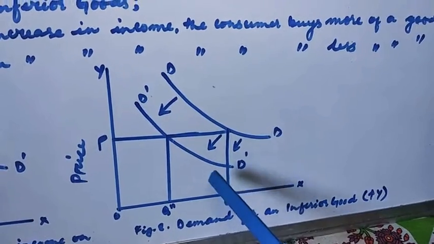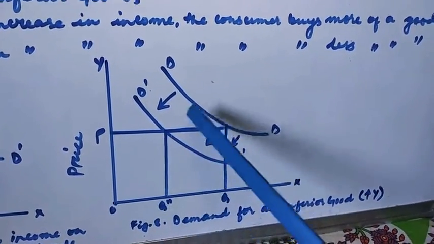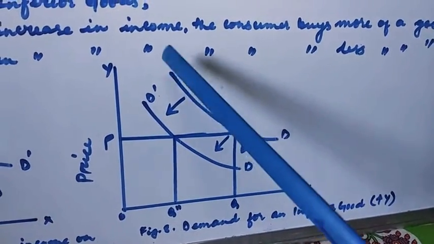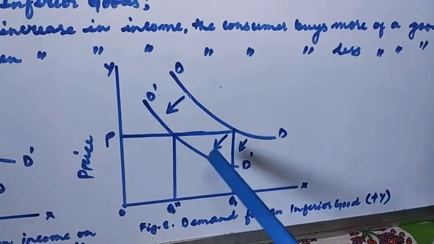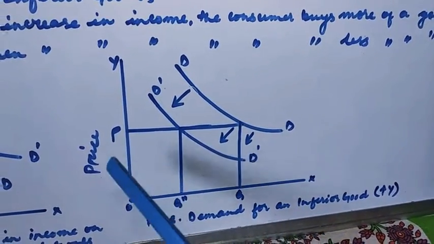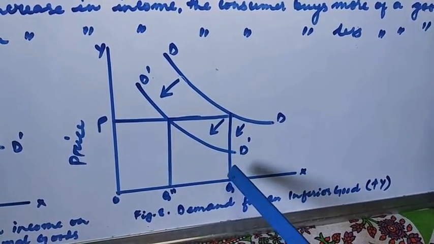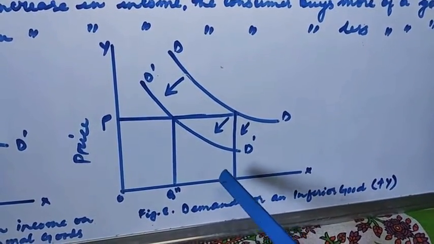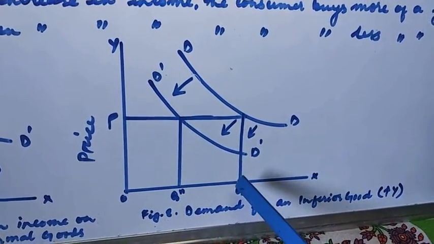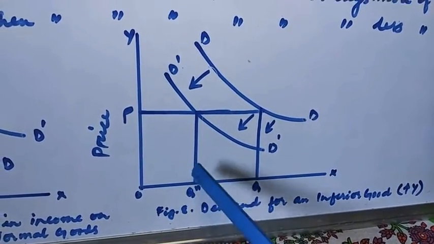Once the rise in income occurs, the demand curve has shifted to D dash from DD. So it has shifted towards the left, which means that earlier at the same price, a consumer was demanding OQ quantity of the inferior good, and once the income rises, the quantity demanded reduces to OQ dash dash.